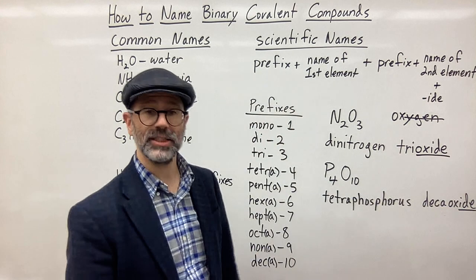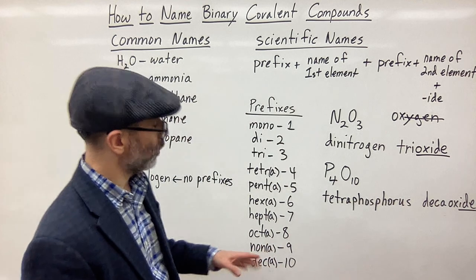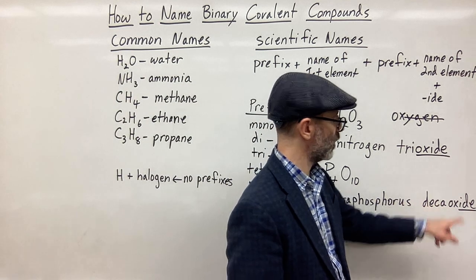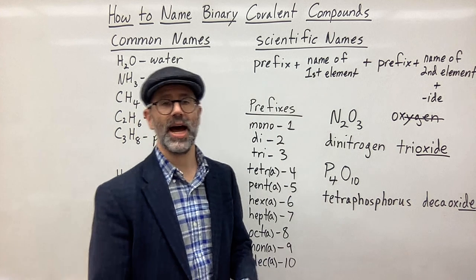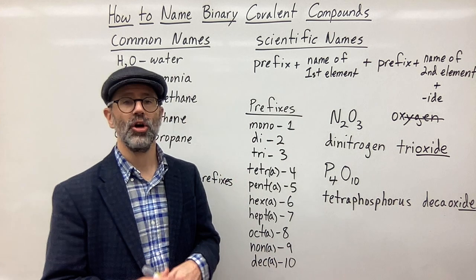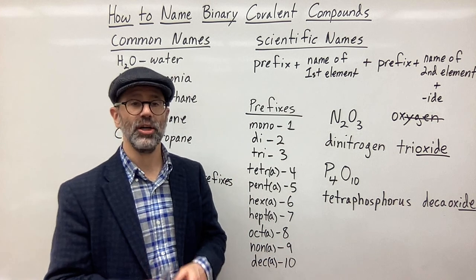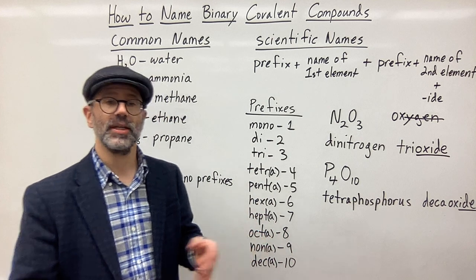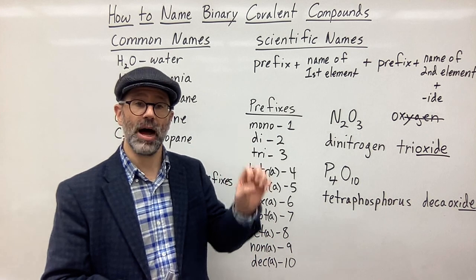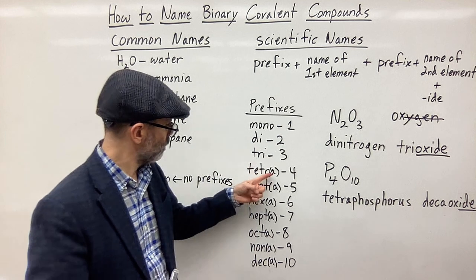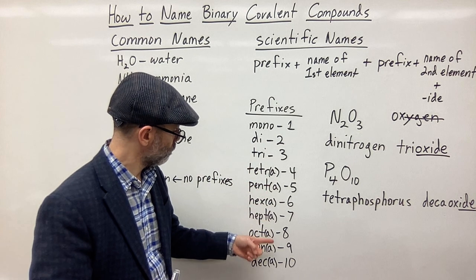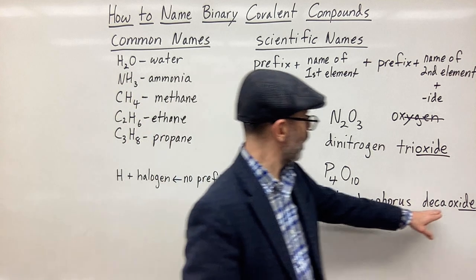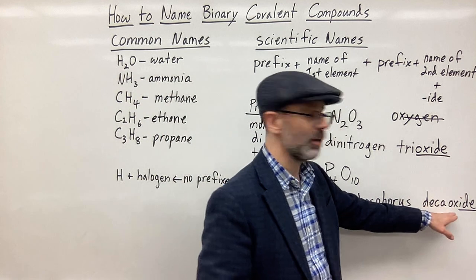In this case, notice that I have 2 vowels next to each other. I have A and O. Whenever you have an A and an O together, or an A and an A together, or an O and an O together, you drop the first vowel, which is this vowel here. So deca oxide is not going to be quite right.